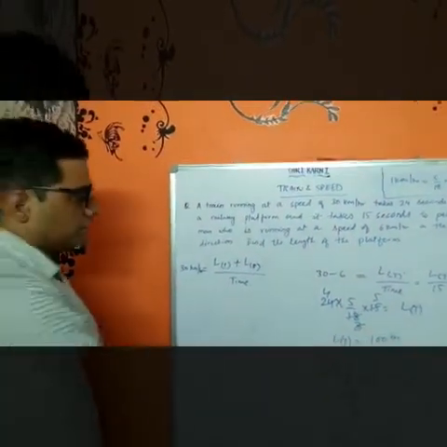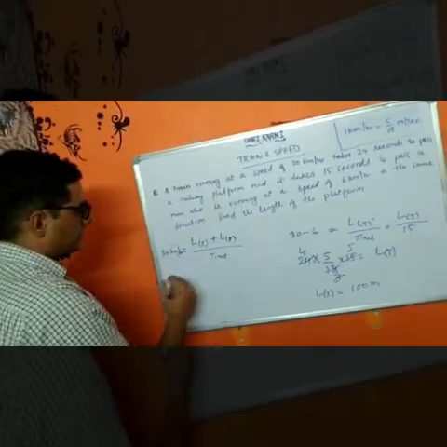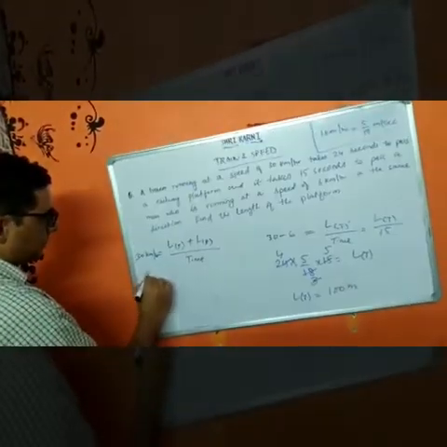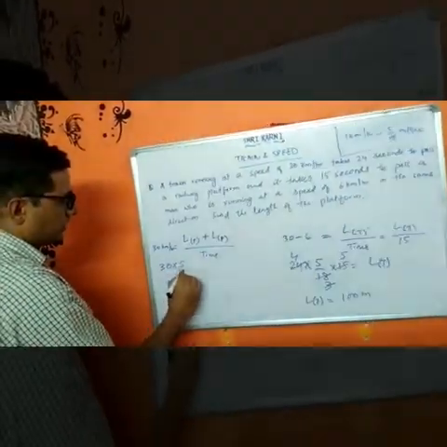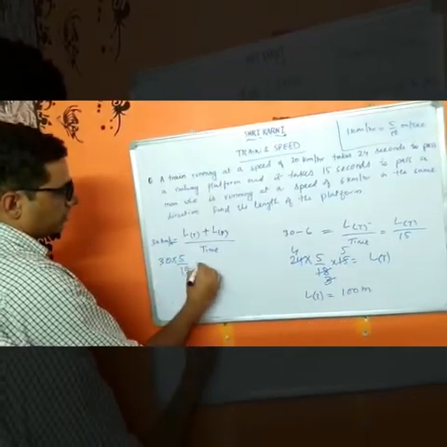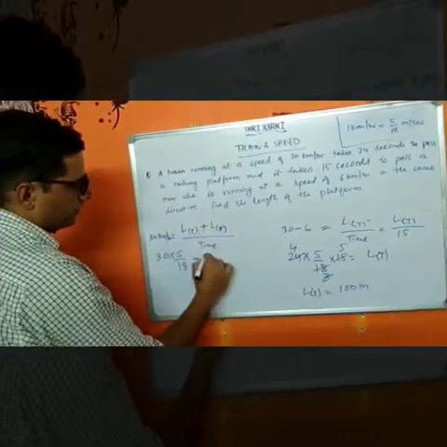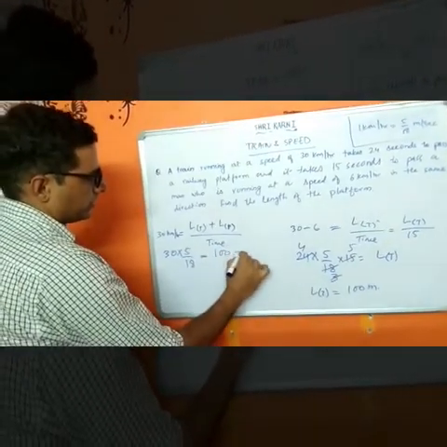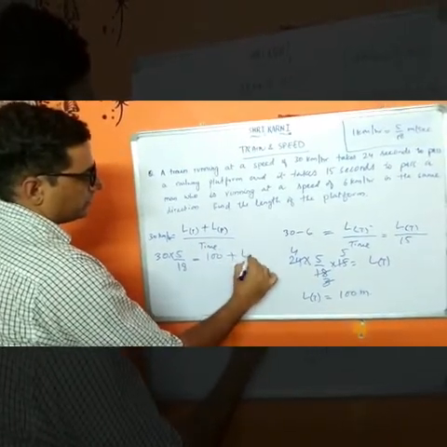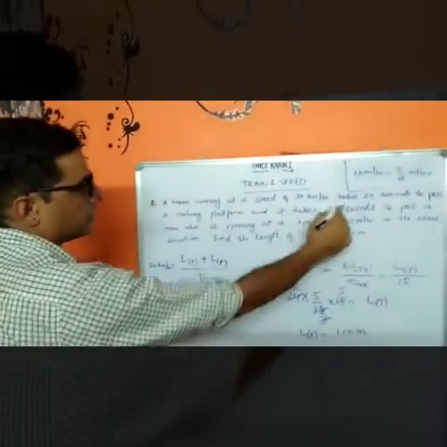Now we will put this length here. Here 30 km per hour, so 30 into 5 by 18 meter per second is equal to the length of the train we have found out, that is 100 meters, plus the length of the platform we have to find, and the time they have given is 24 seconds.